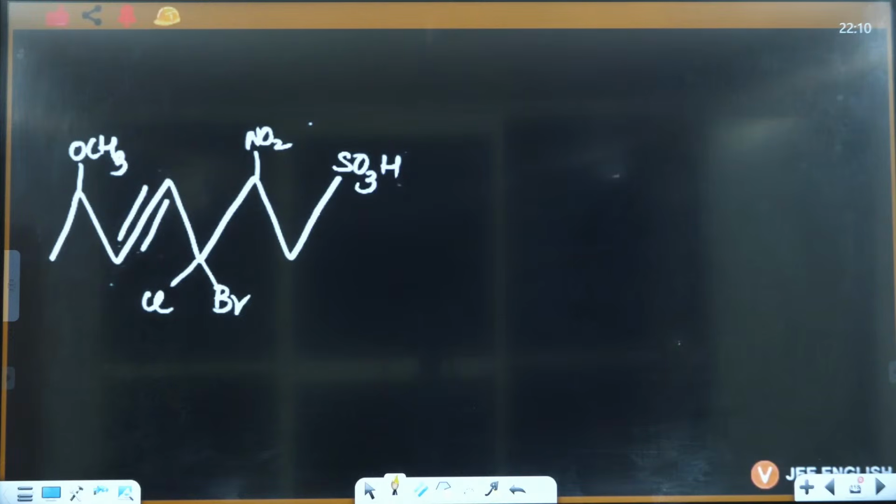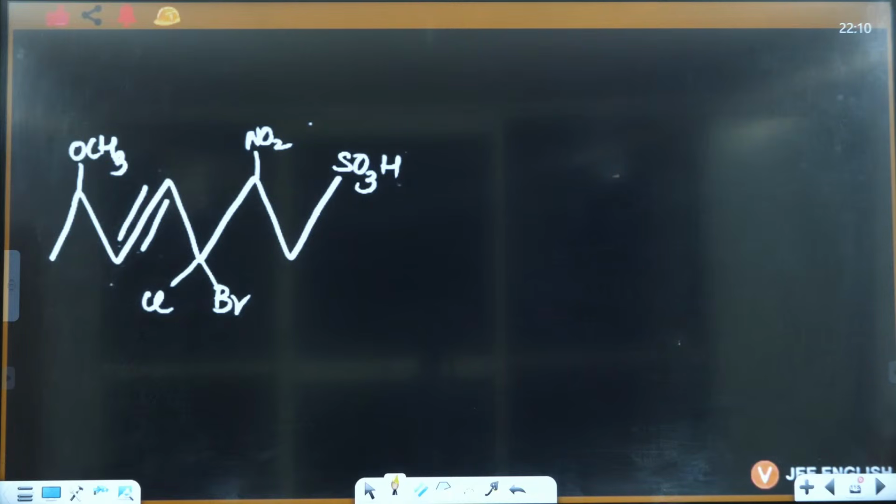Let me see if you can predict the main group, the priority group, the one that will have the highest priority.